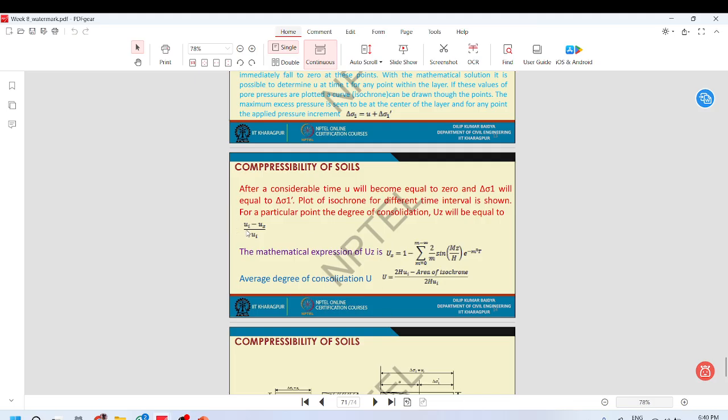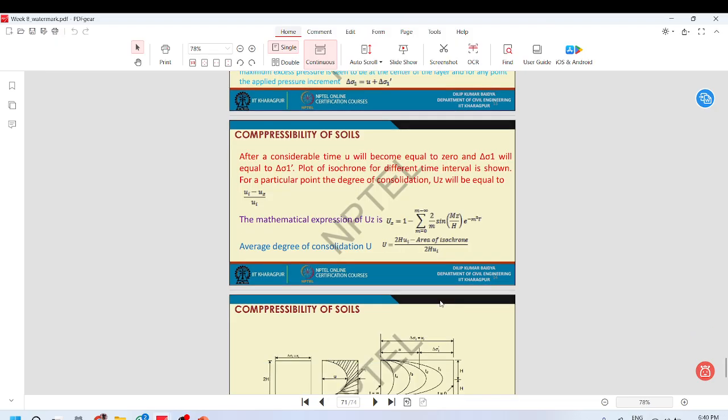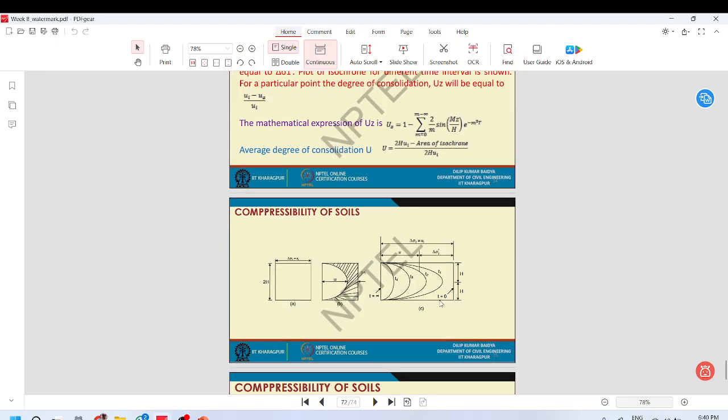As I was saying, for a particular point, degree of consolidation will be equal to (u_i minus u_z) over u_i. So this is the initial excess pore pressure minus the present, over the initial. Final is supposed to be 0, otherwise you would have u_i minus 0 here.